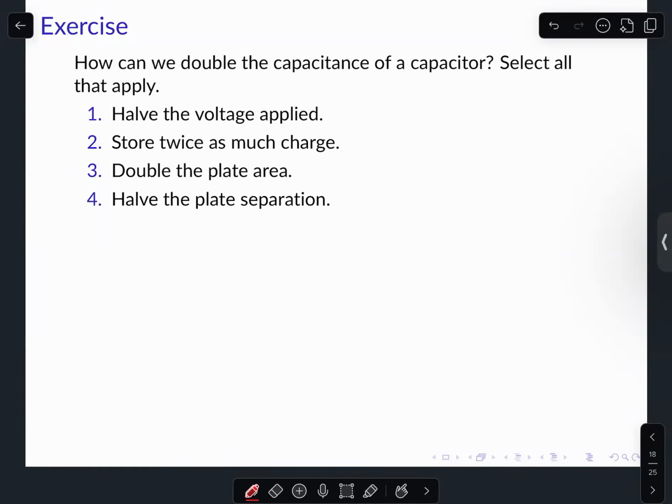So you should consider with capacitance, what controls the capacitance of a capacitor? Let's see, I want to write this in this way.